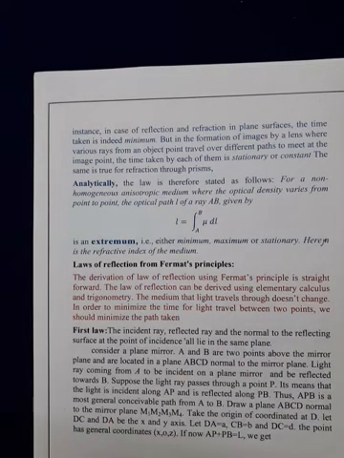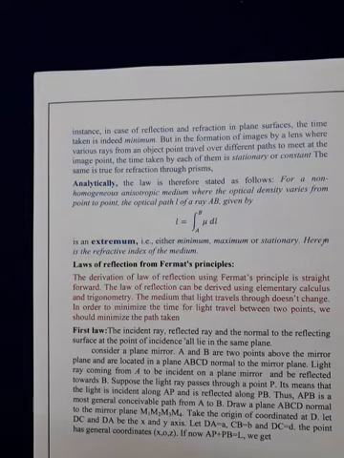Laws of reflection from Fermat's principle. The derivation of the law of reflection using Fermat's principle is straightforward. The law of reflection can be derived using elementary calculus or trigonometry. The medium that light travels through doesn't change.